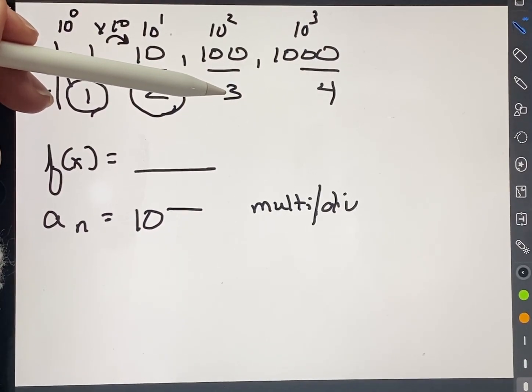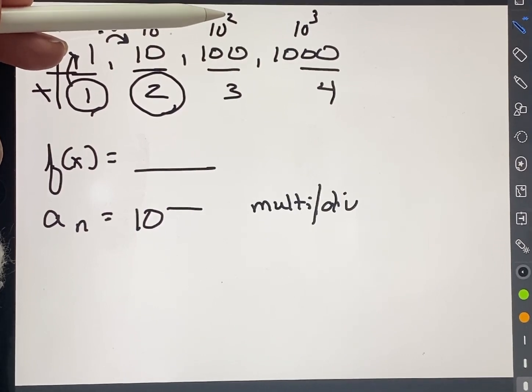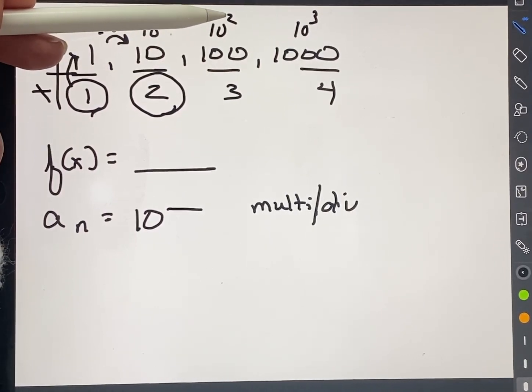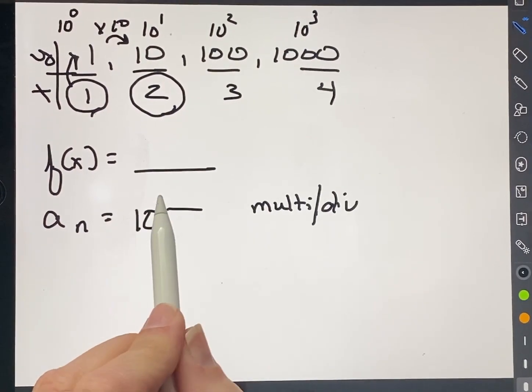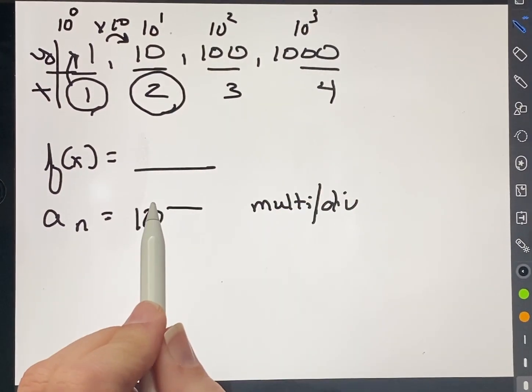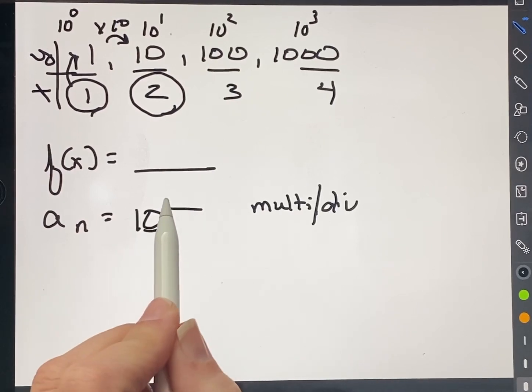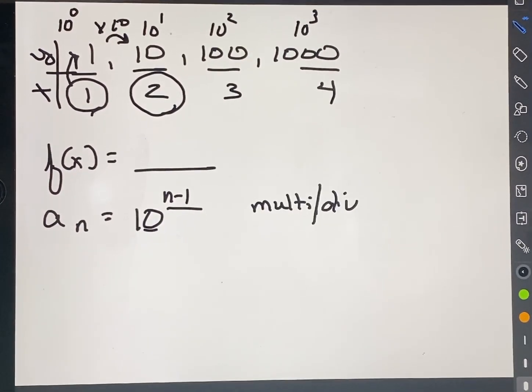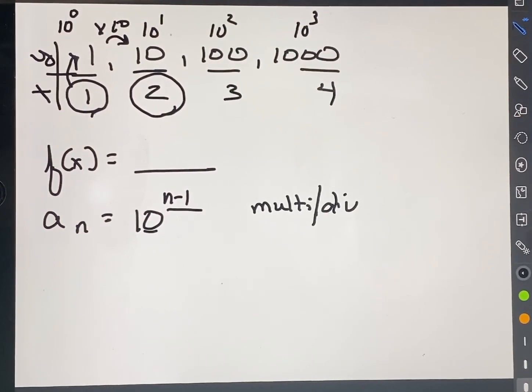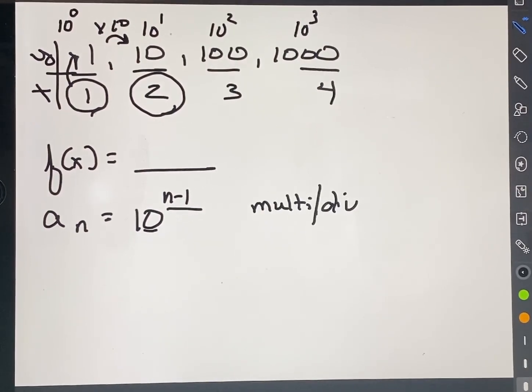My n is 3, but my exponent is 2. Oh, we can notice that our exponent is always 1 less than n. So we could say this sequence can be found by taking 10 and raising it to the n minus 1 power. And now that we have a generic expression, we can find any term.